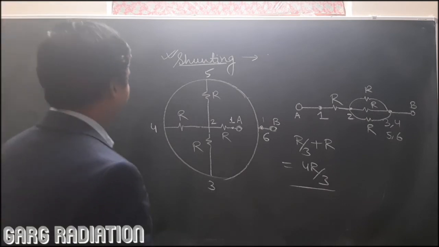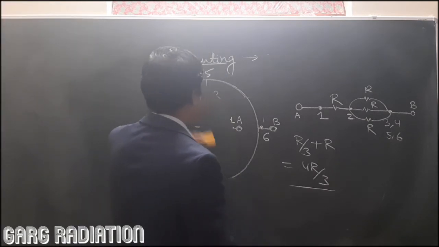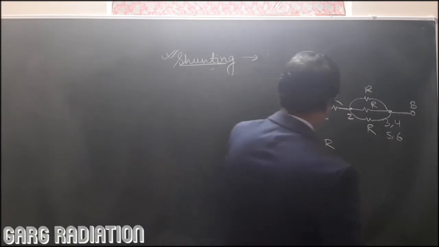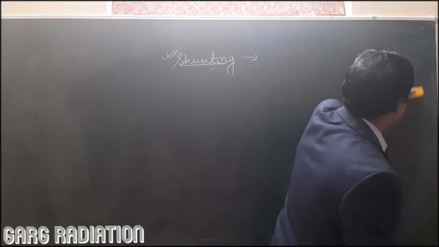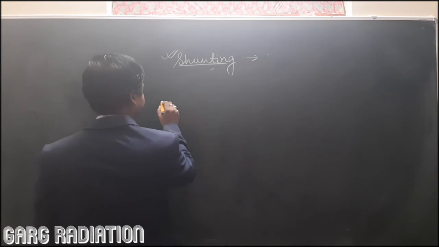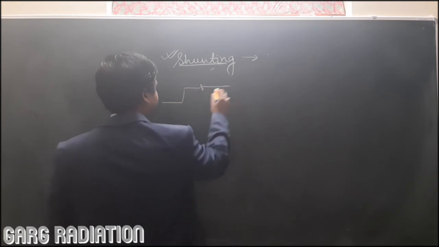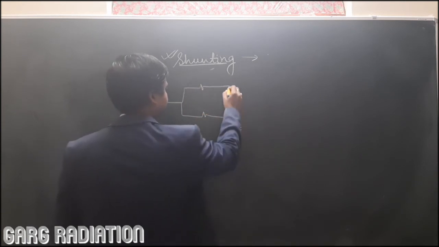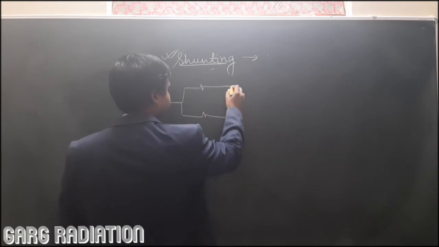Okay, so now we will move to the next problem. All of these are related with shunting only. Suppose we have one resistance here, one resistance here, one resistance here.